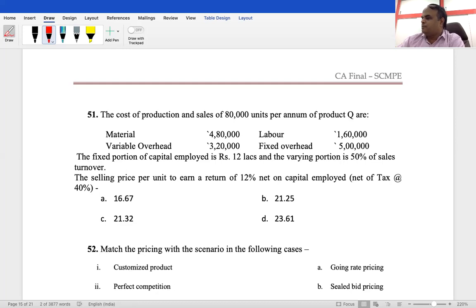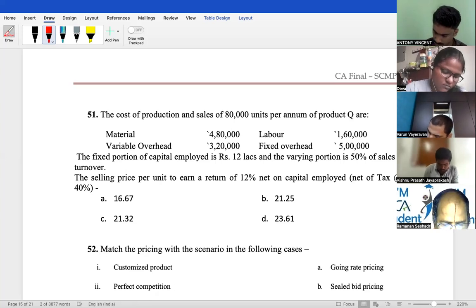Balance is equal to earnings before tax, 80,000 x minus the total cost. Less tax at the rate of 40%. Not 50%, tax at the rate of 40%.